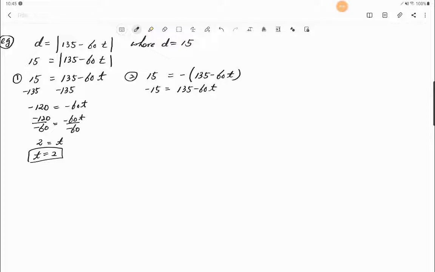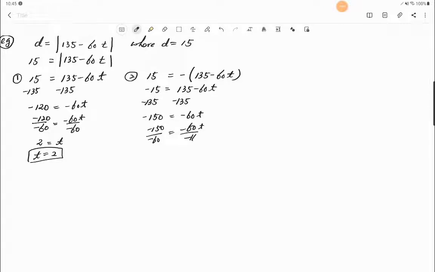And then from the second equation, let's find another t value. So minus 135 from each side. Then negative 150 equals negative 60t. And divide each side by negative 60.